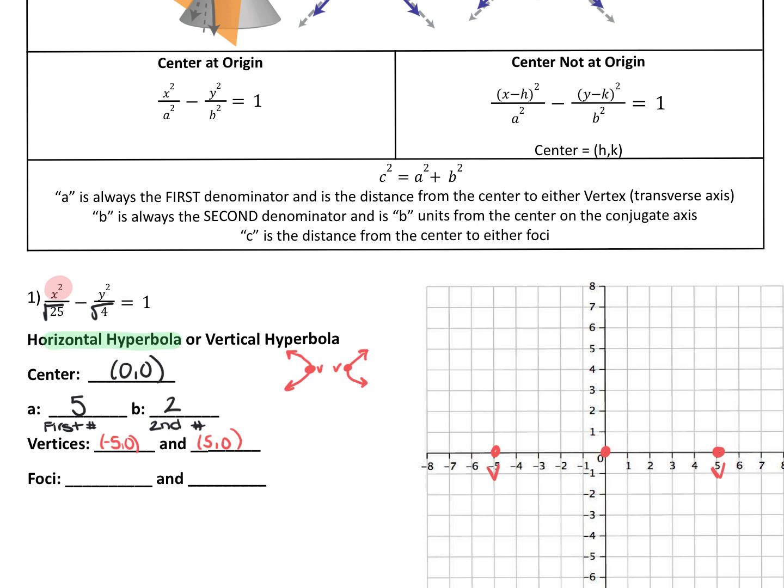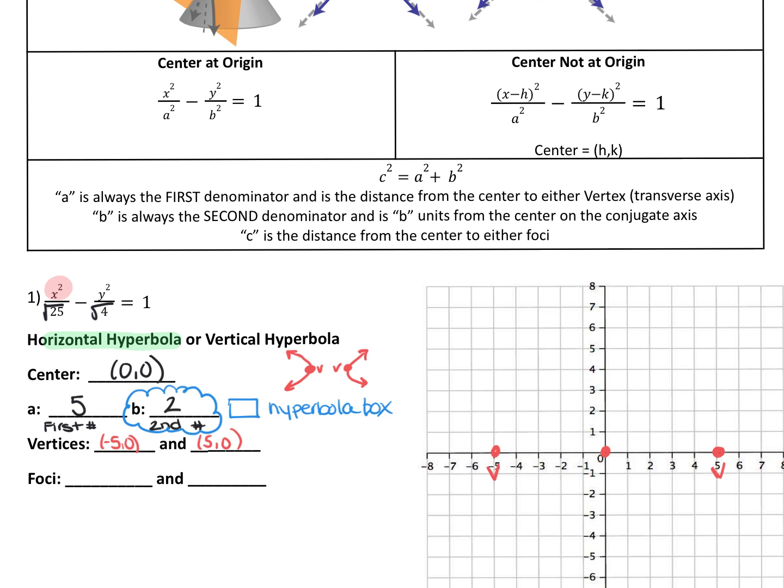But to be more specific and more accurate about how we graph this, we need something that is similar to the co-vertices in an ellipse. So you see how A was the first number, B is the second number. So this B number helps us create what we call the hyperbola box. So let me do it first and then hopefully it'll make sense.